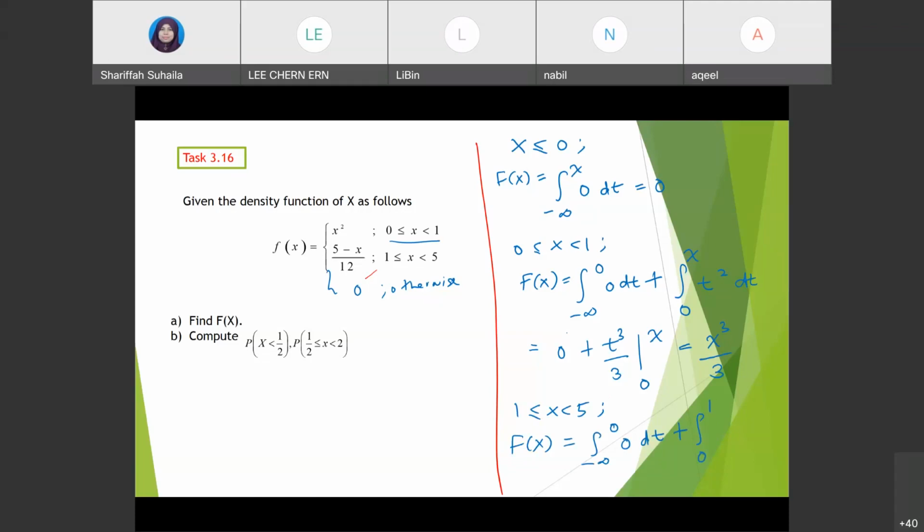Apa tadi? X square. So kita ada t square dt, plus. Cuba integrate ni dipanjang sikit lah. Kita ada 1 up to x, 5 minus t. Nampak satu ni? 5 minus t over 12 dt. Okay, cuba integratekan.